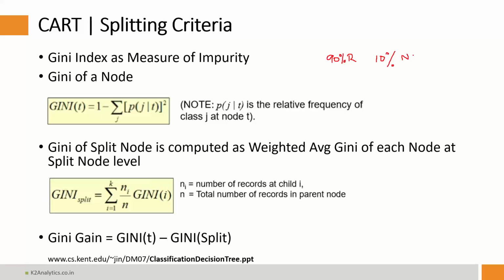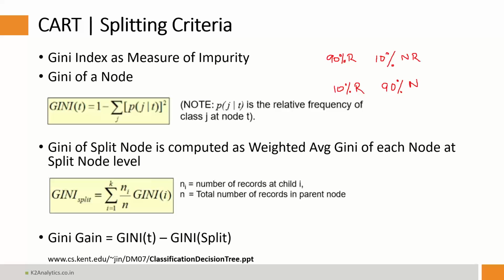These are my two classes, responder and non-responder. And there is another data set which has 10% responder and 90% non-responder.